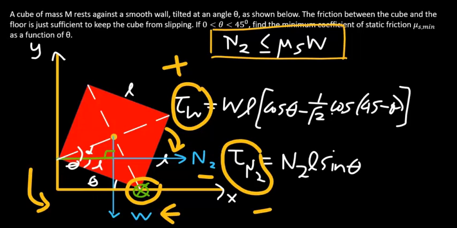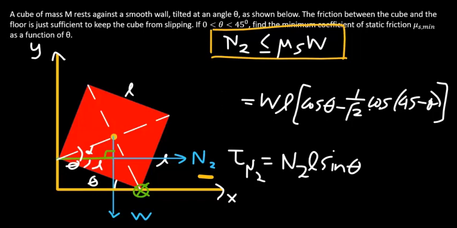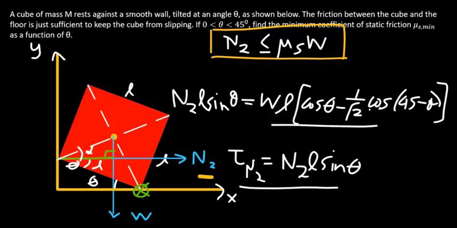In other words, we can equate the magnitudes of these two expressions: N2 l sine theta equals the torque due to W, the weight.